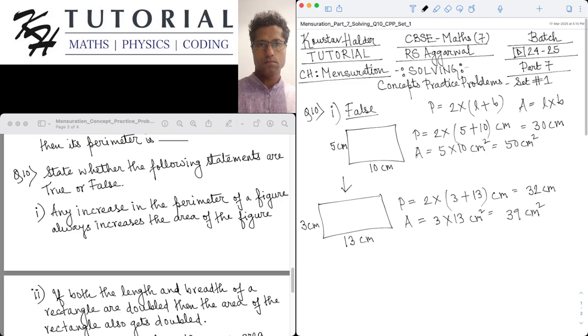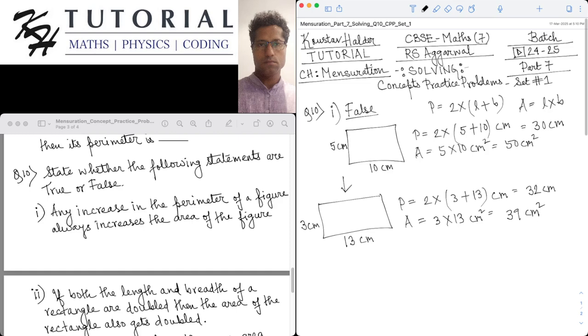So area has decreased. Initially the rectangle was 5 centimeter and 10 centimeter. I've manipulated the length and breadth in such a way that the perimeter now is increased from 30 centimeter to 32 centimeter, and the area has decreased. Area initially was 50 centimeter square and now it is 39 centimeter square.